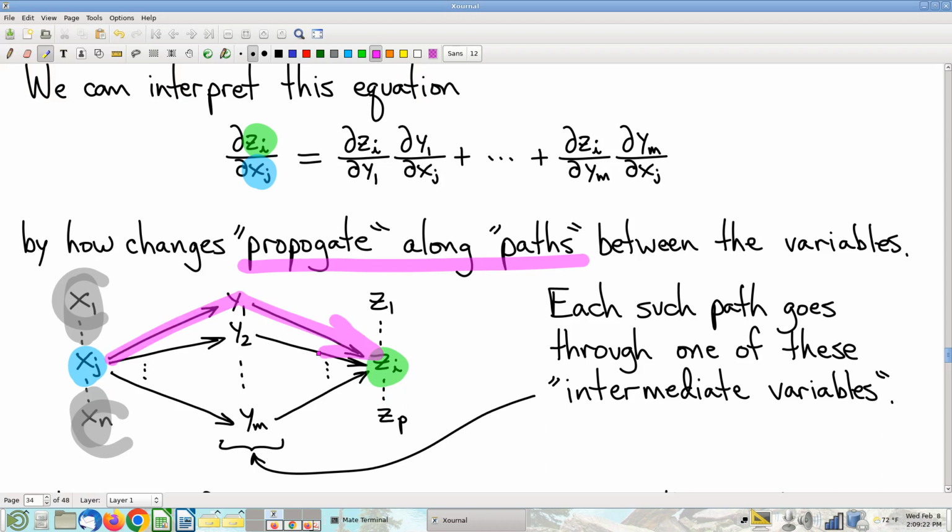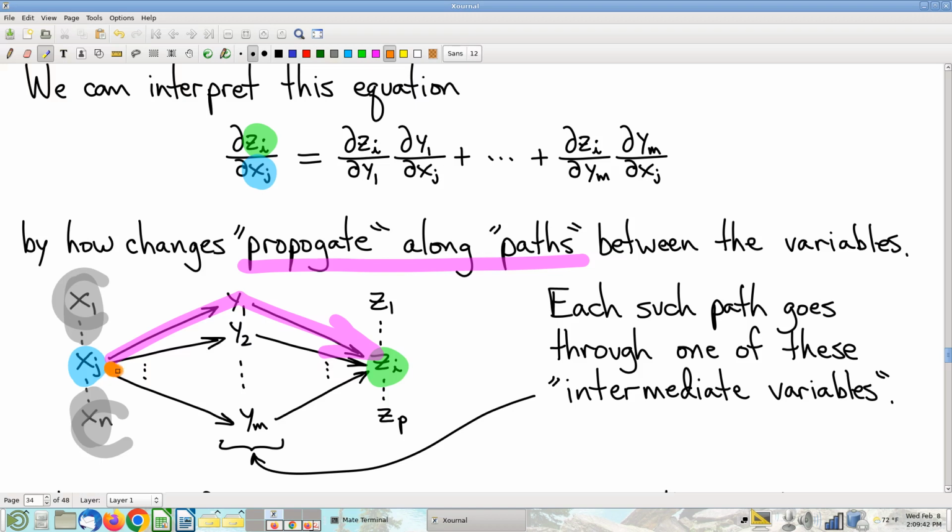Along that path, a change in xj causes a change in y1. A change in y1 causes a change in zi.